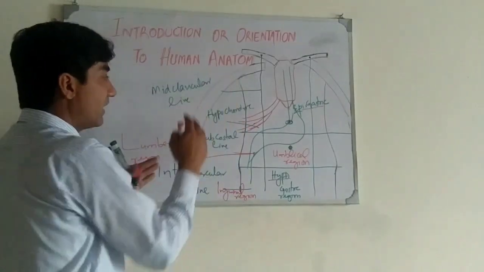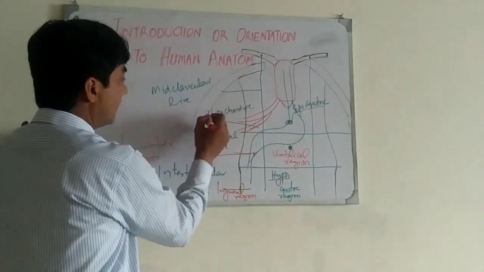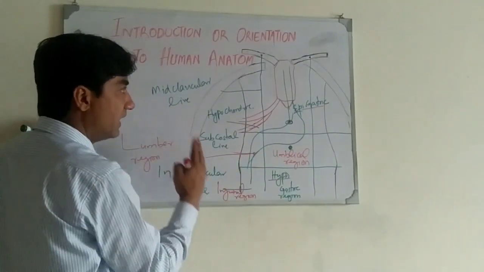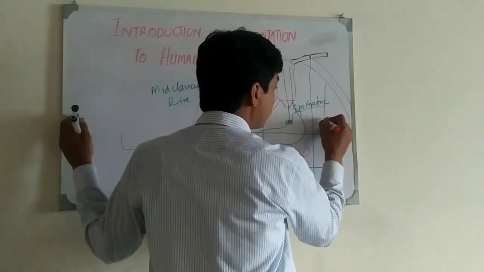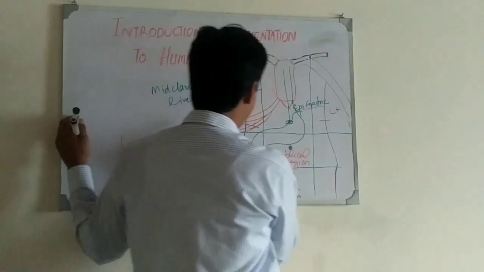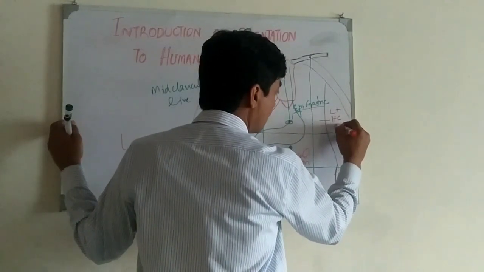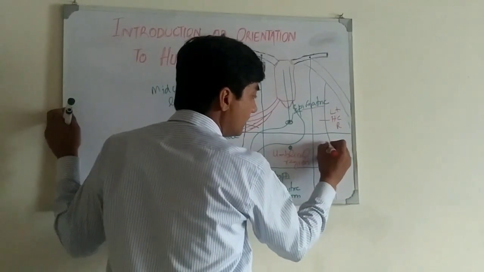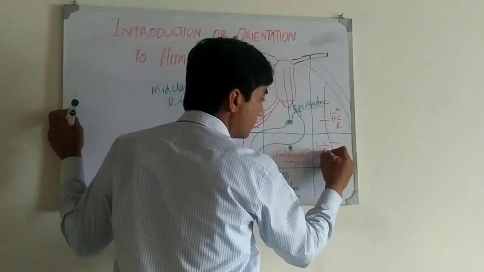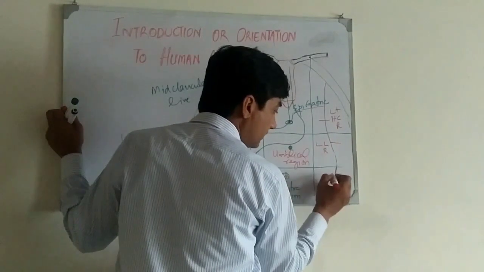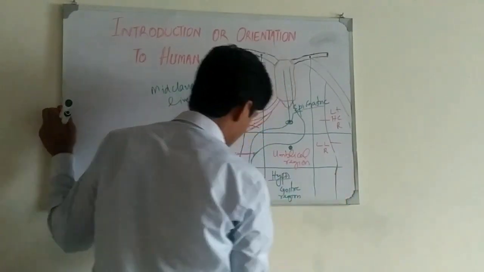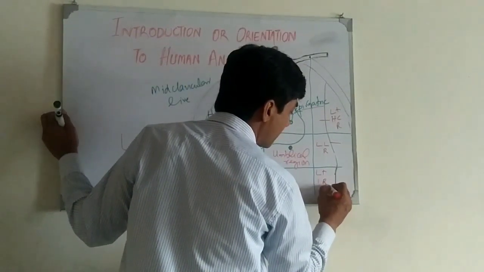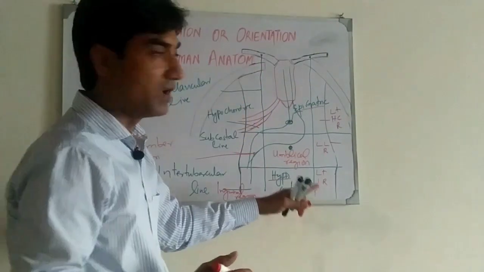At the right side we denote right hypochondrial region, right lumbar region, right inguinal region, and the same at the left side: left hypochondrial region, left lumbar region, and left inguinal region. So these are the 9 regions of the abdomen.